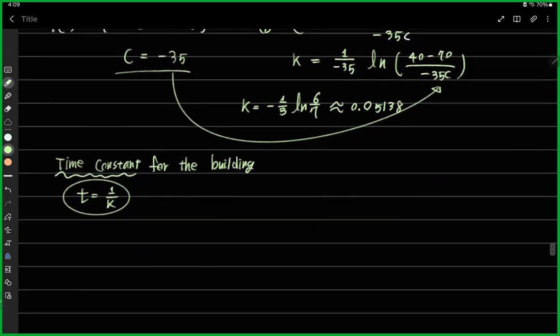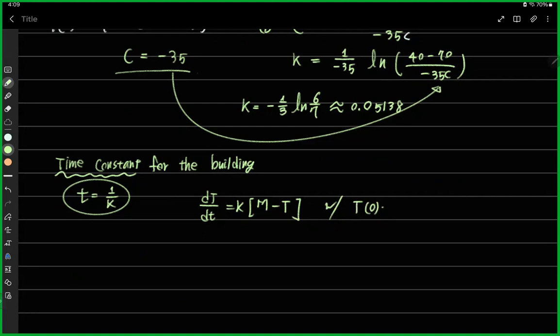In this example, when you solve dT/dt equals k times (M minus T), with initial condition T of 0 equal to T0, and M of t equal to M0.